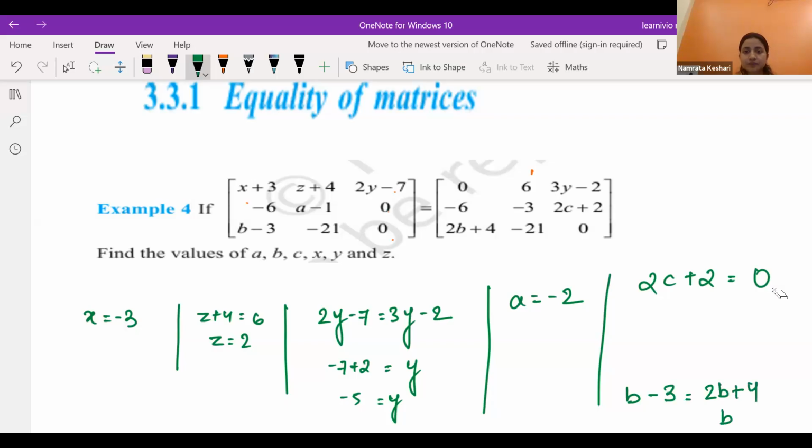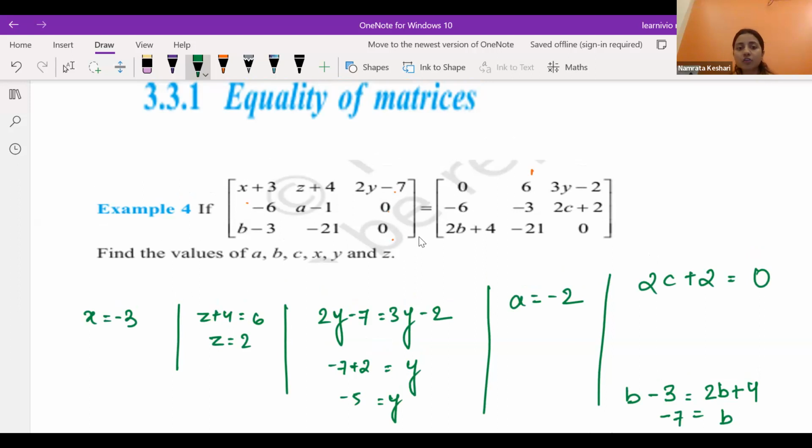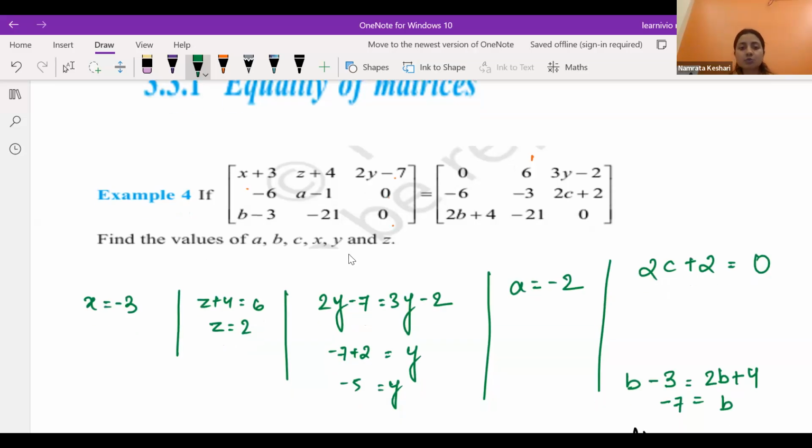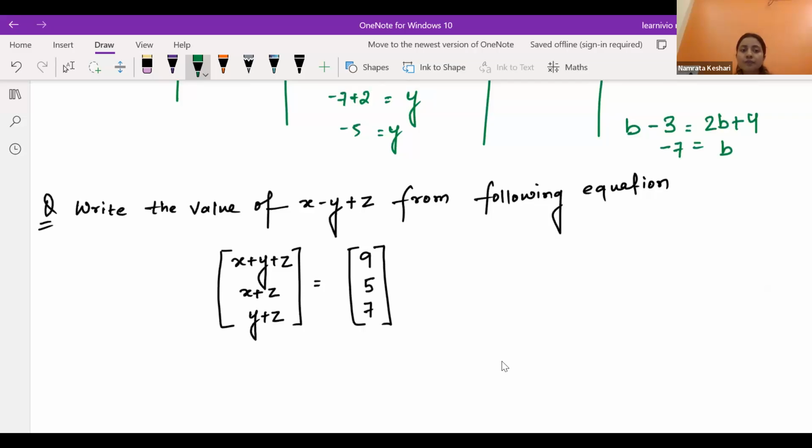C plus 2 is equal to... C equals -1. Perfect. So this is the concept of equality of matrices, and this is how the question will be given to you: find the values just by using the concept of equality of matrices. Let's do the next one.